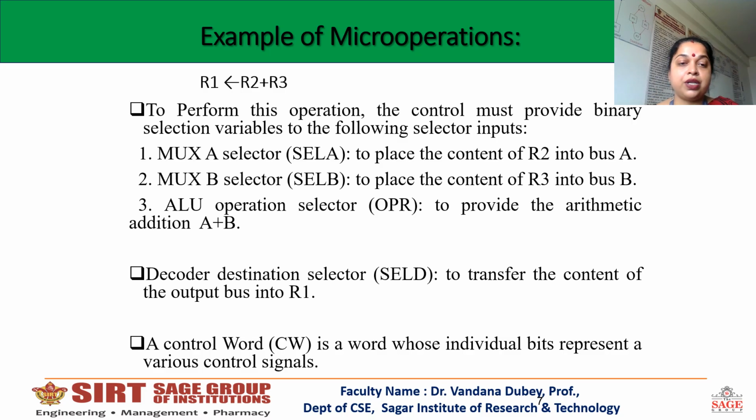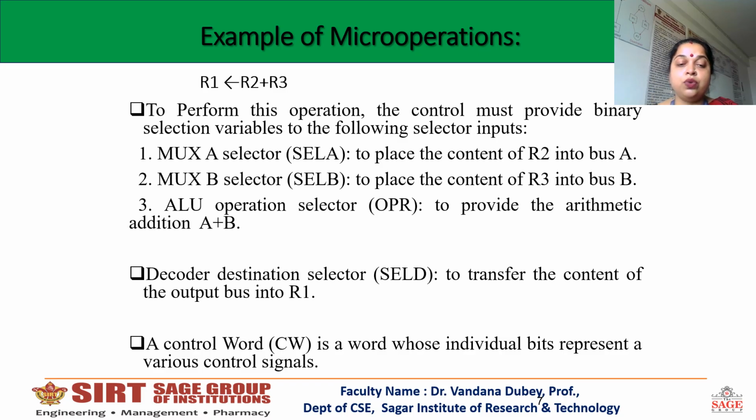To perform this operation, the control unit must generate appropriate control signals to direct data flow and processing within the system. So a control word is generated, which is a set of control signals represented as a binary word. Each bit in the control word corresponds to a specific control signal that governs different operations within the CPU.